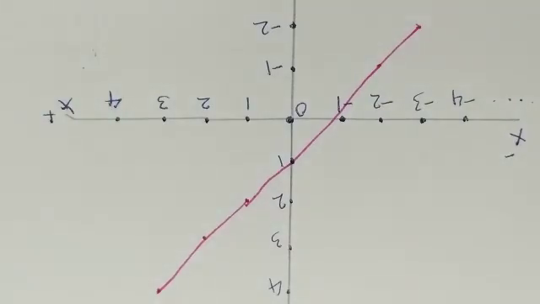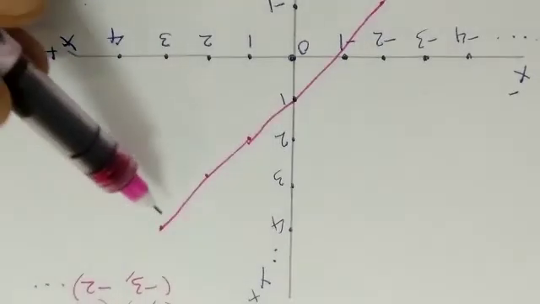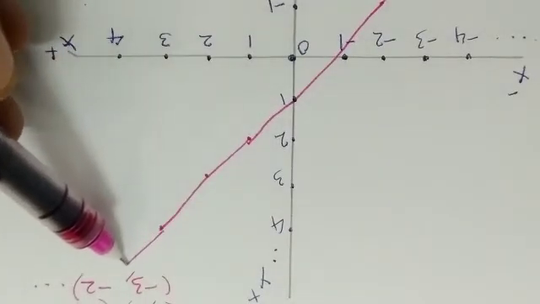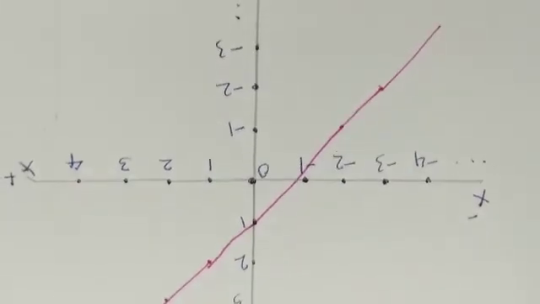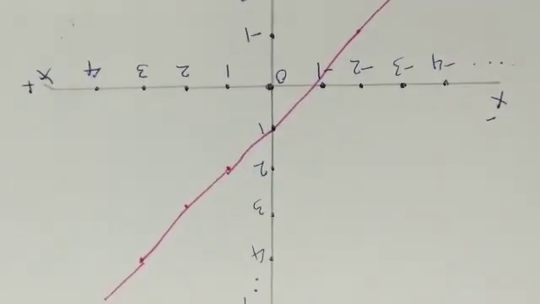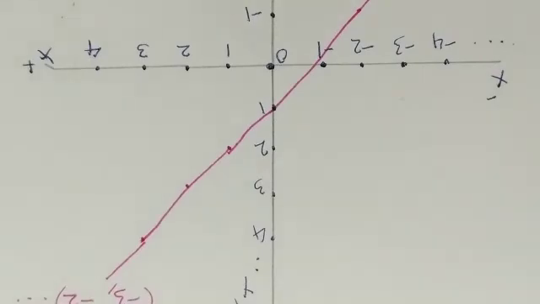Now, since this is a line and has no endpoints, you can extend both sides. And this is called inclination. What is the meaning of inclination?